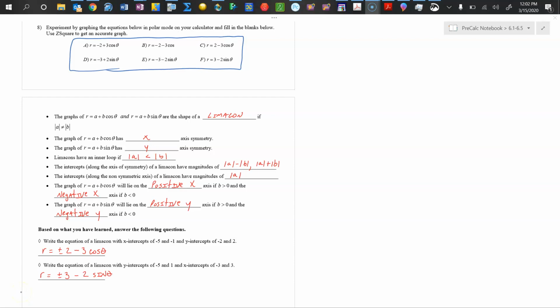You can find the intercepts along the axis of symmetry of limacons by taking the difference in the absolute values of the coefficients and the sums of the absolute values of the coefficients. The intercepts along the non-symmetric axis are equal to the absolute value of the constant coefficient. And as before, if the coefficient of the trig function is positive, it will lie on the positive axis. If it is negative, it will lie on the negative axis.